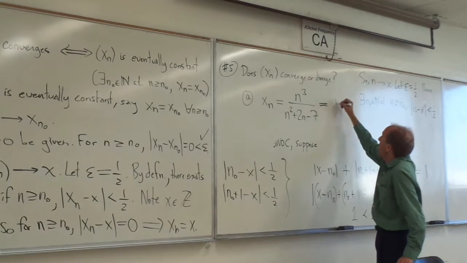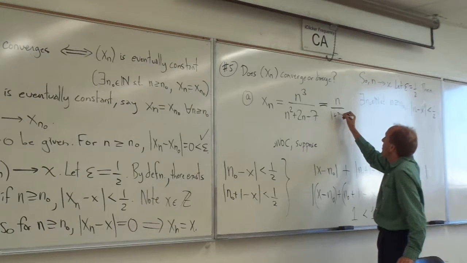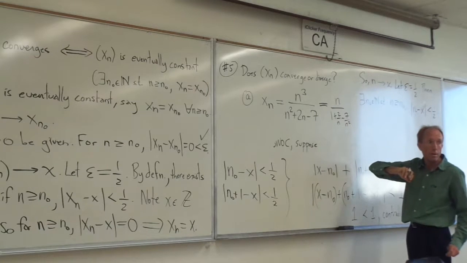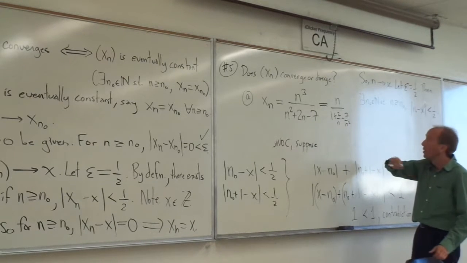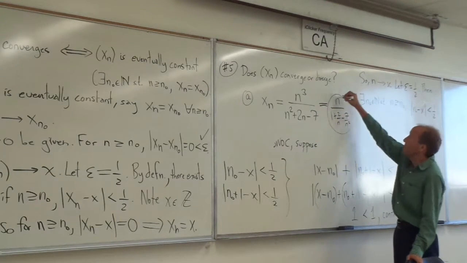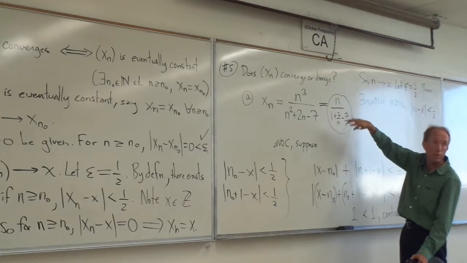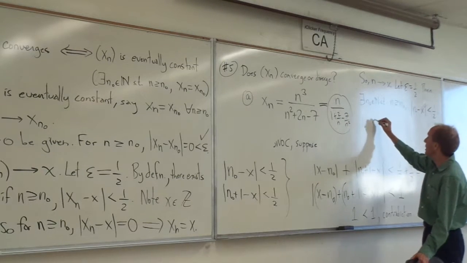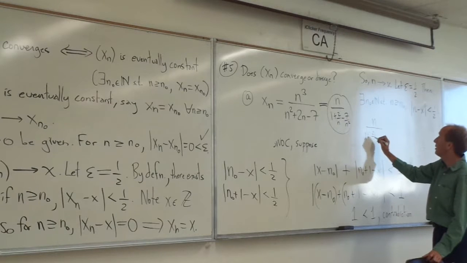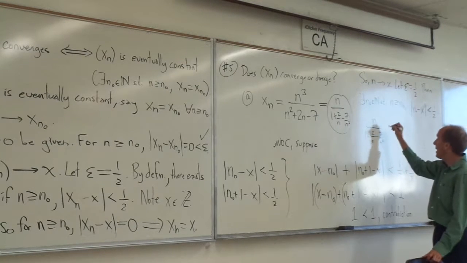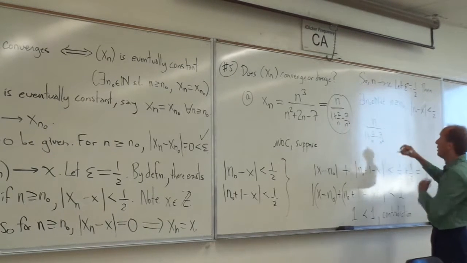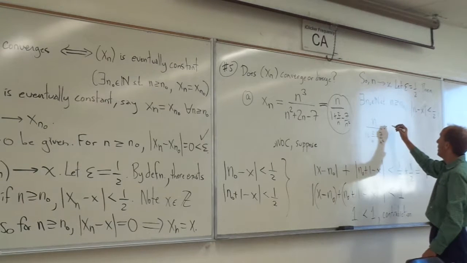Yeah, this was equal to N over 1 plus 2 over N minus 7 over N squared. So we just let the top be X of N? No, this whole expression is X of N. What I did is I took that whole expression, and then I multiplied X of N by Y sub N, which was the denominator. Right. Okay, I see.